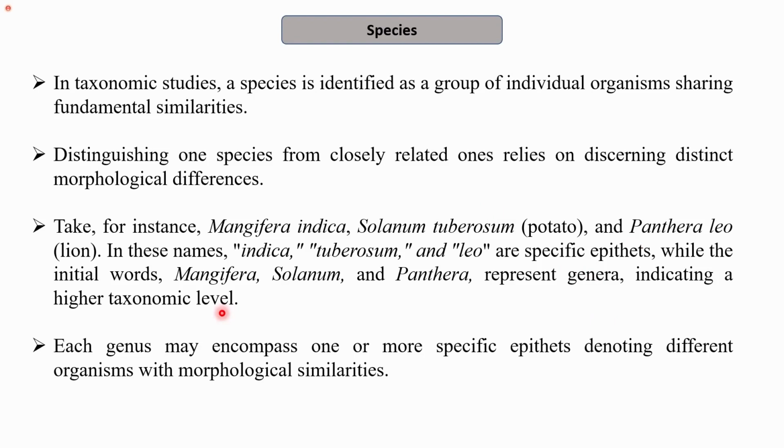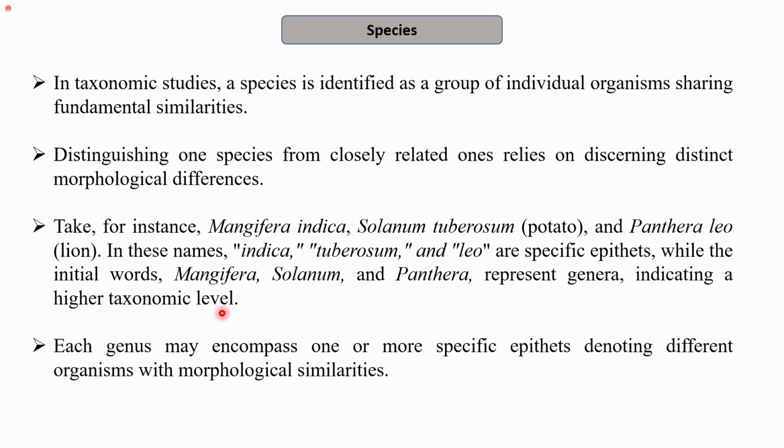Each genus encompasses one or more specific epithets denoting different organisms with morphological similarities. A genus like, for example, Mangifera is a broad term, which is the genus. It may comprise different species, different specific epithets.